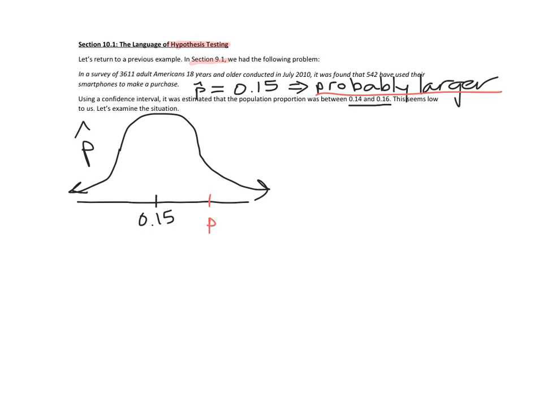So let's say this is where our new sample is, right there, p-hat. Okay, so what's going to happen, because it's so much larger, the area to the right is going to be small. And so we know that that means this is unusual, given the population has that proportion of 0.15.